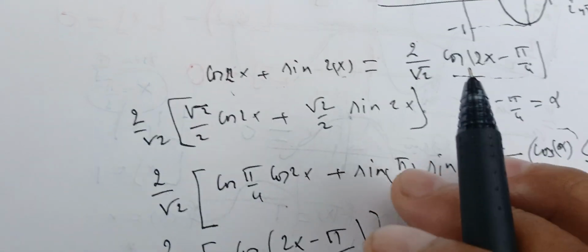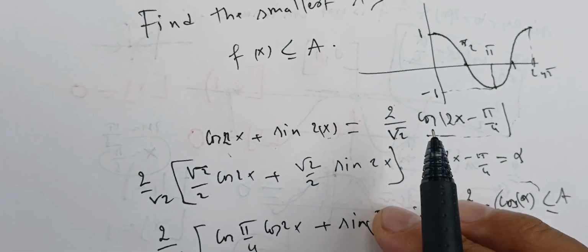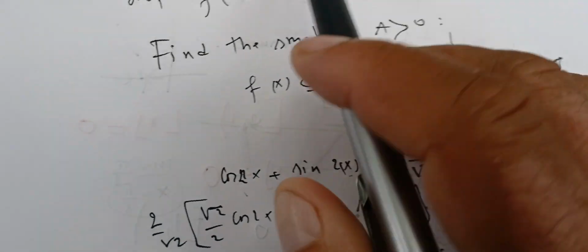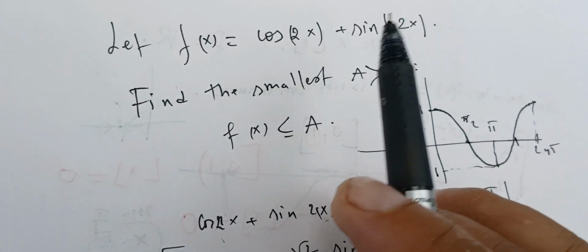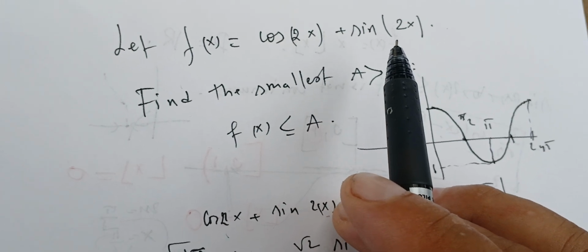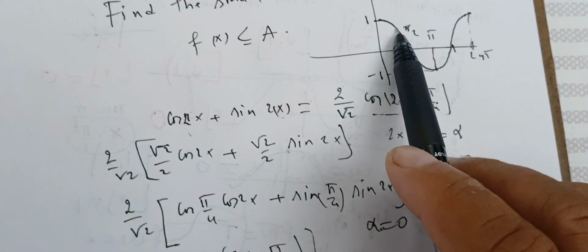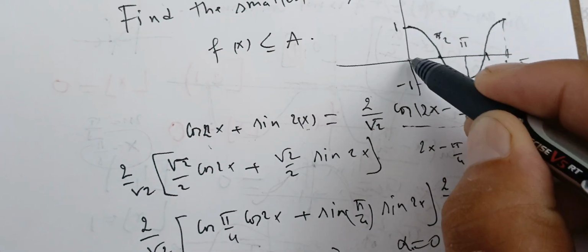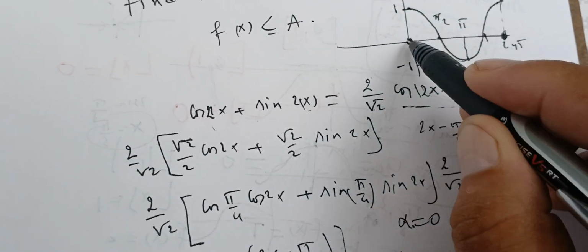I could have solved this problem using calculus. In that case, I would have to find the derivative and find the values of x that would give me the maximum. It's the same thing as this one here because we know exactly where the maximums happen.